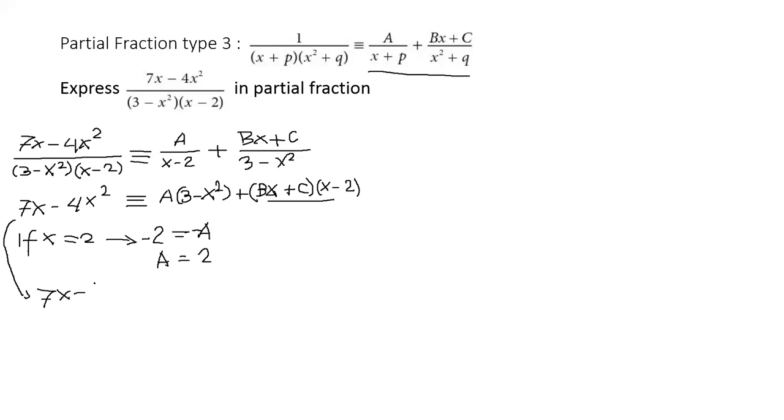Now let me expand this. 7x minus 4x squared equals a times 3, 3a, a times negative x squared, negative ax squared.